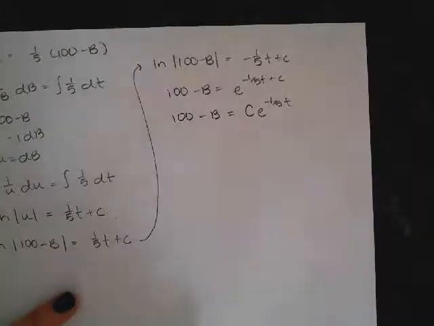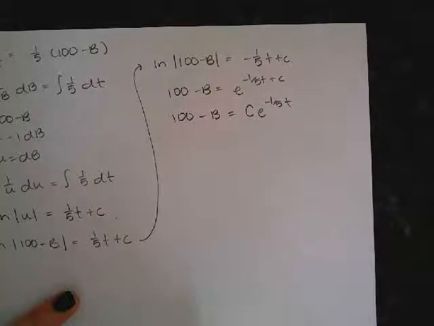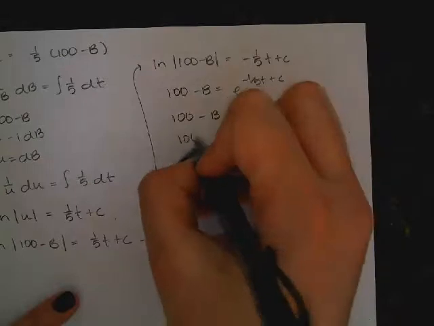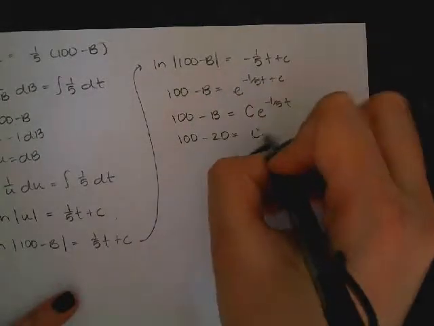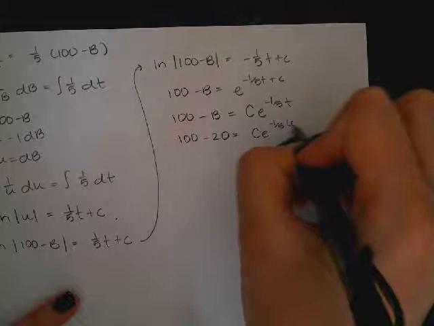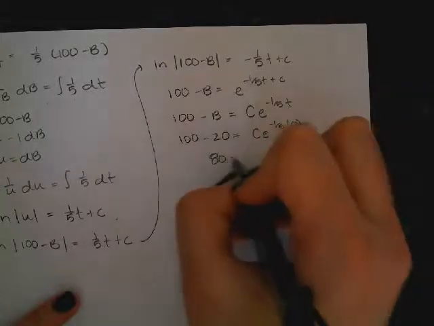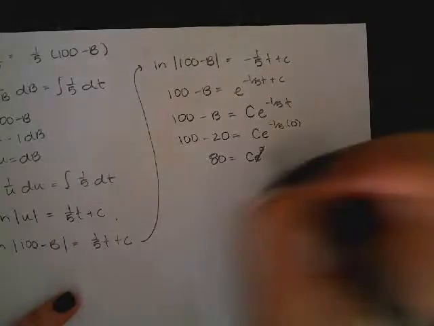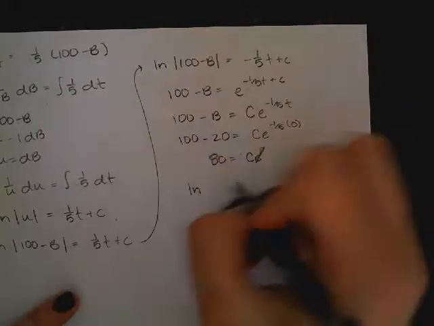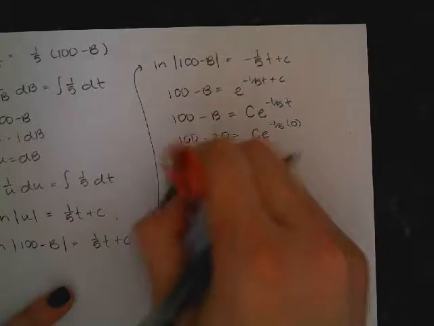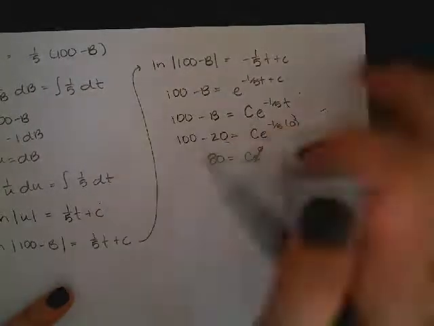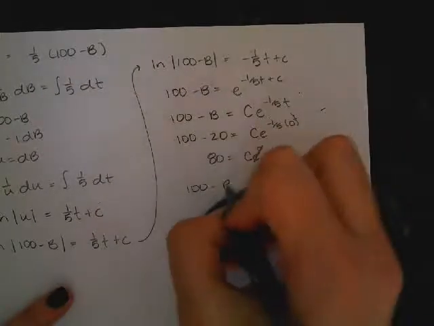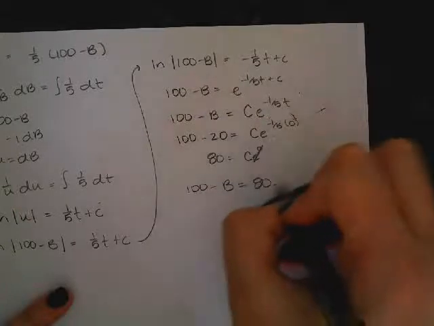So the point that we're plugging in is 0 for t and 20 for B. So that's 80 equals C e to the 0, which is just 1. So C equals 80. Don't go back too far. So I've got 100 minus B equals 80 e to the negative t over 5.